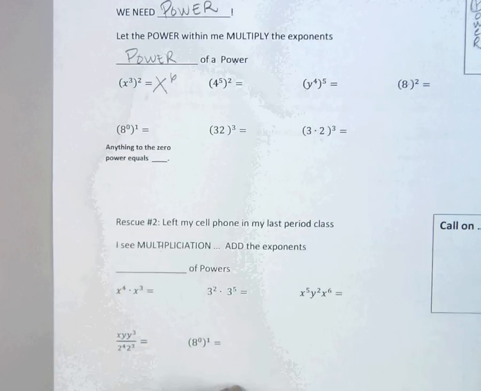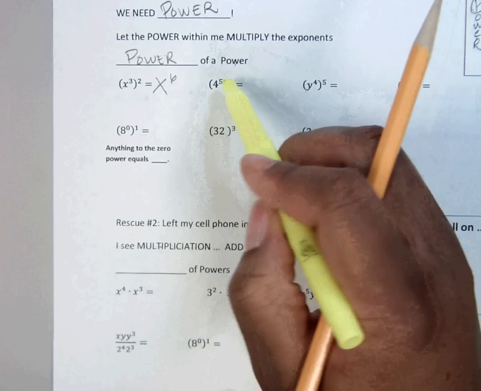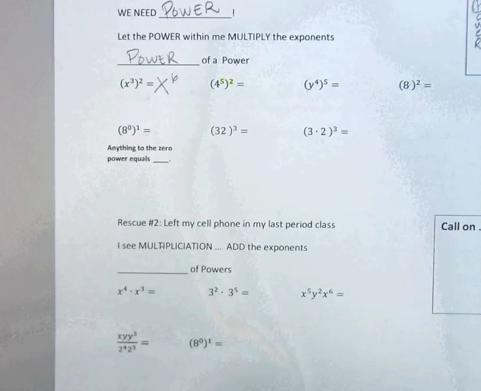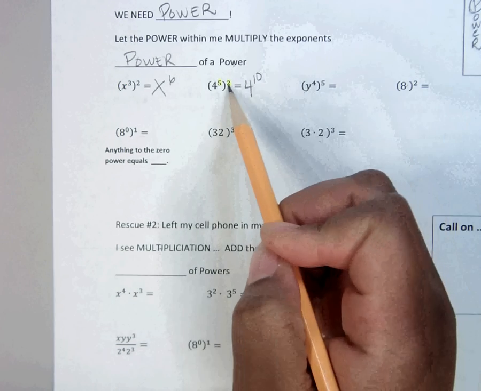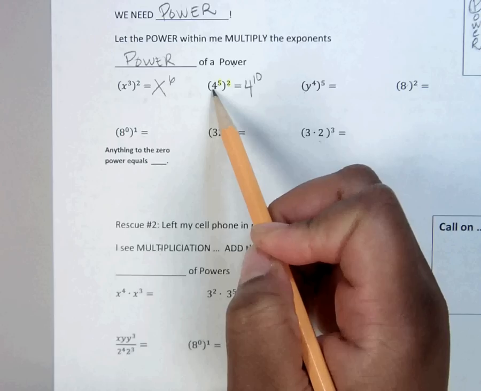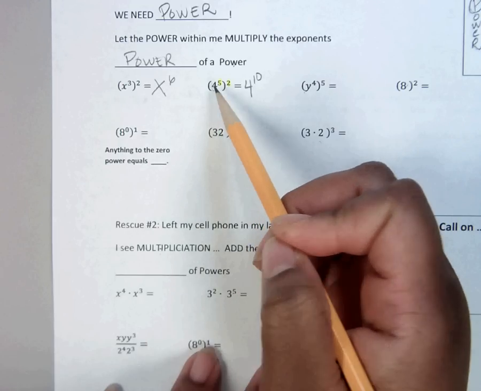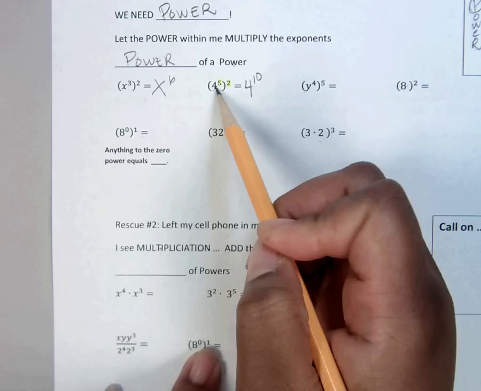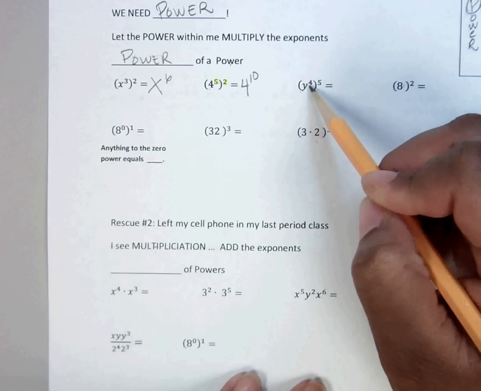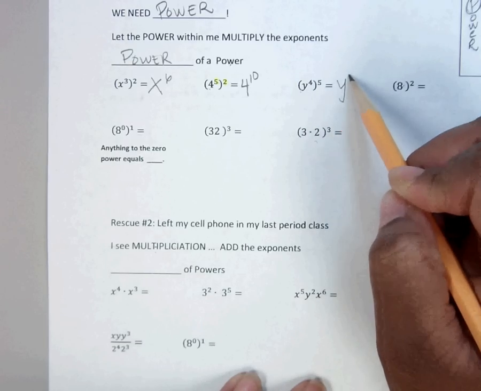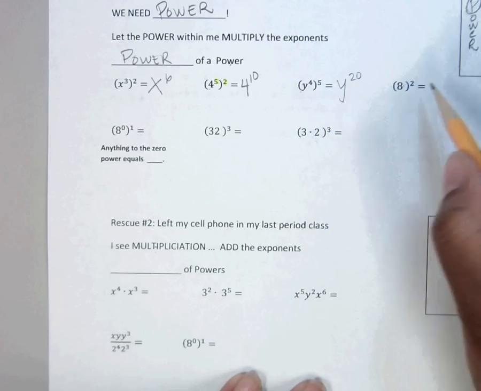Multiply. 5 and 2 are exponents, so that's all we're going to multiply. Do not try to do 2 times 4 and get 8. 4 is not an exponent. 4 is what we call a base. 5 is the exponent. Okay, and this one would become y to the, good job, 20th.